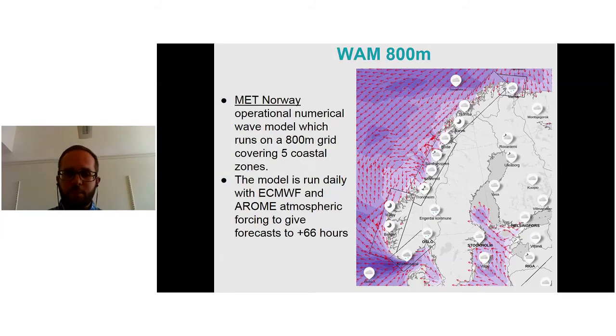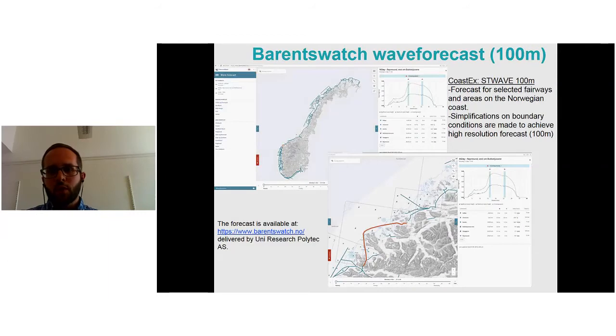So we see the regions that cover the whole Norwegian coast in this map. On the other hand, the Barwatch forecast is high resolution, 100-meter resolution. It's a forecast for selected fairways and areas on the Norwegian coast. Simplifications on boundary conditions are made to achieve this high resolution forecast.